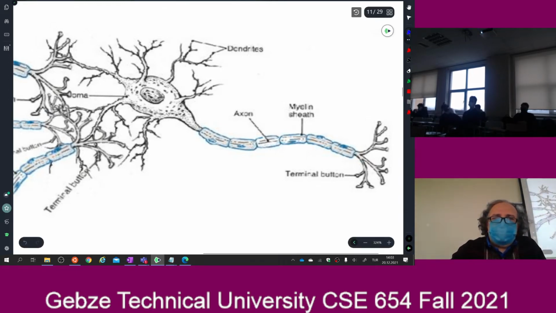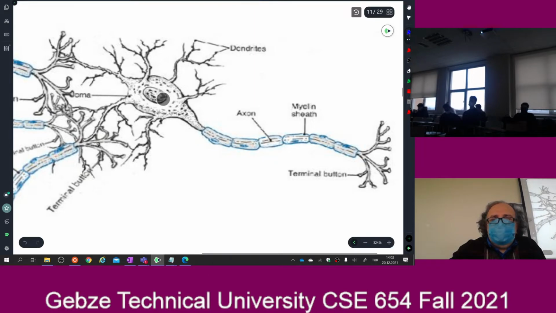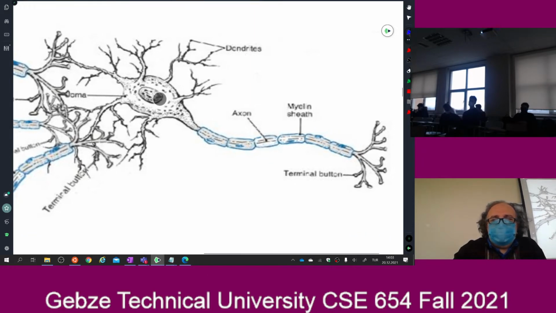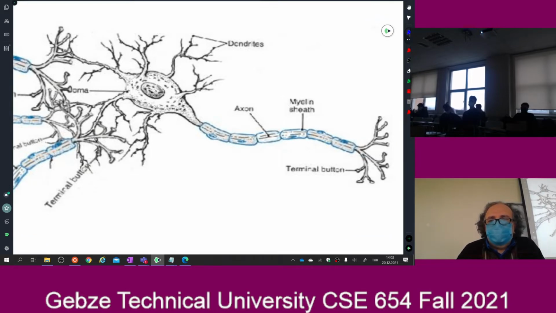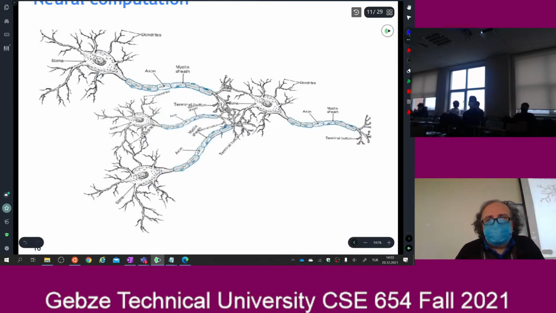This guy takes the inputs from the dendrites, does some multiplication and addition, and feeds that information to the terminal buttons, and these are all connected. This is a cell, another one, another one, another one.